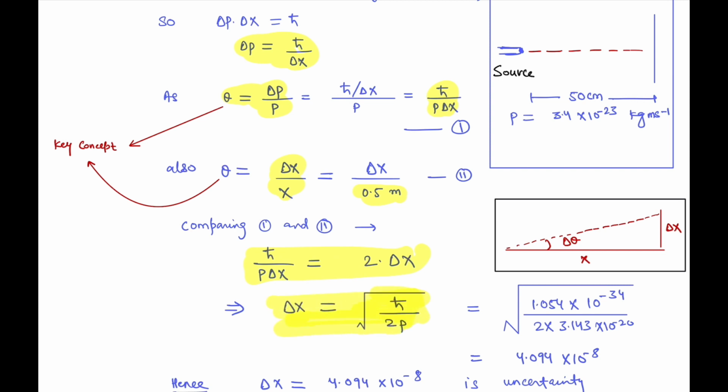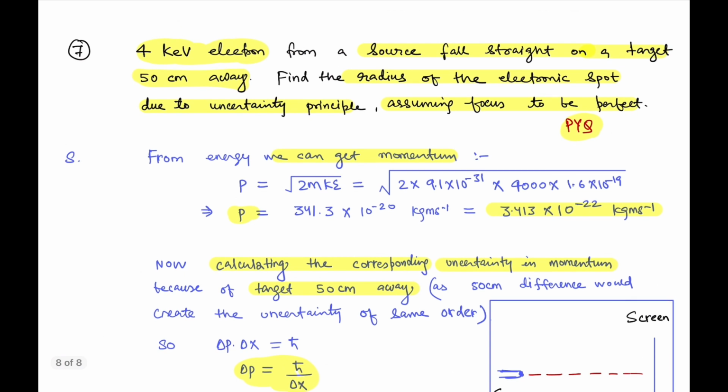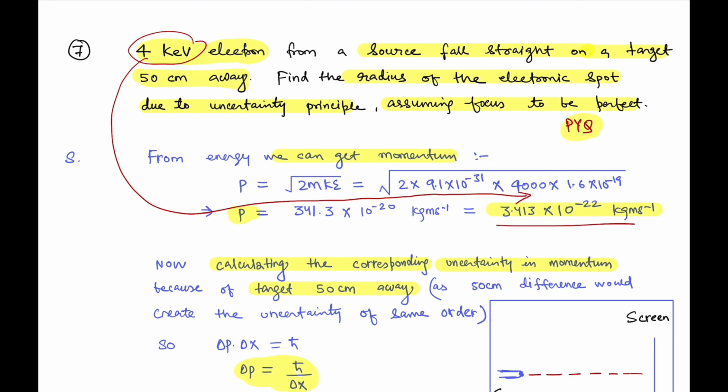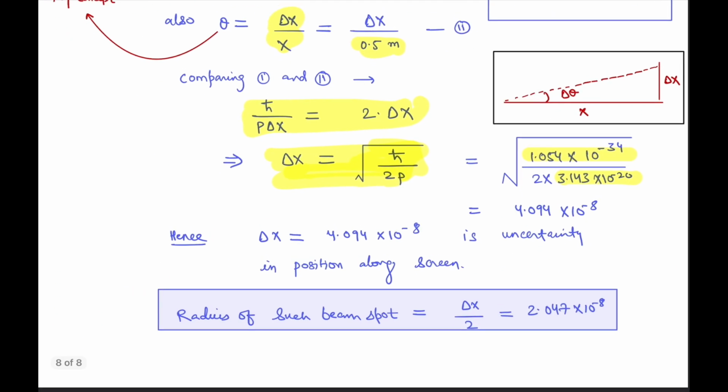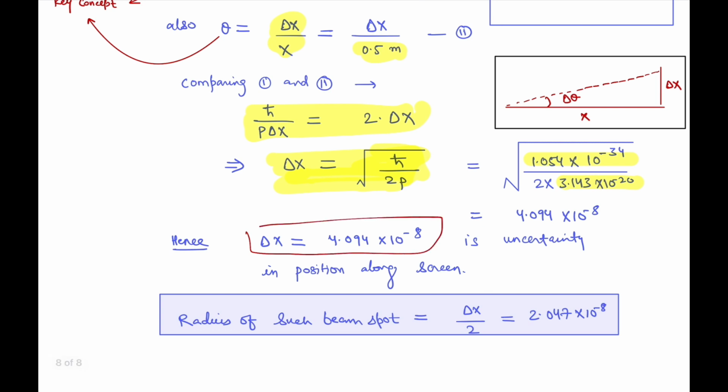Delta x is nothing but the square root of h bar divided by 2 pi, and we know h bar is 1.054 multiplied by 10 to the power minus 34, and the momentum we had just calculated from energy. We put it here, and we got this value. So when you did that, we get delta x to be 4.094 multiplied by 10 to the power minus 8, obviously in meter, because we have been considering everything in SI units, and which is the uncertainty in the position along the screen.